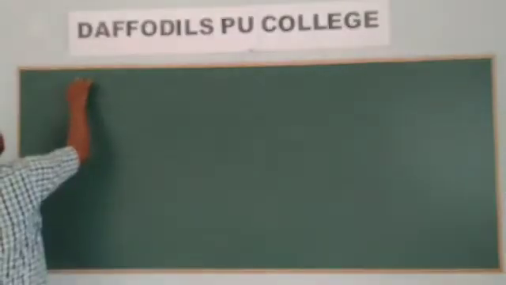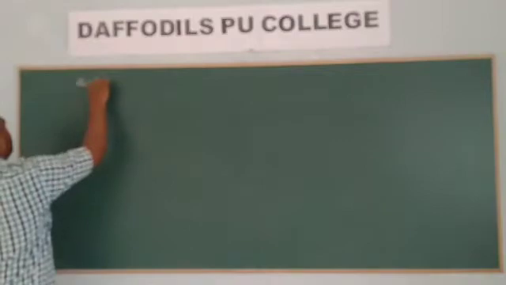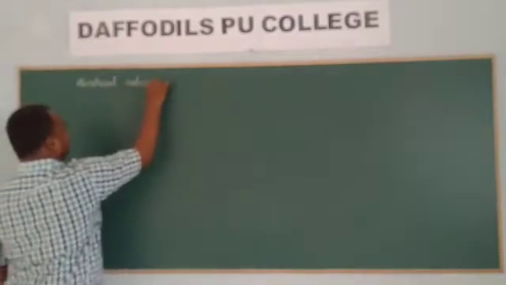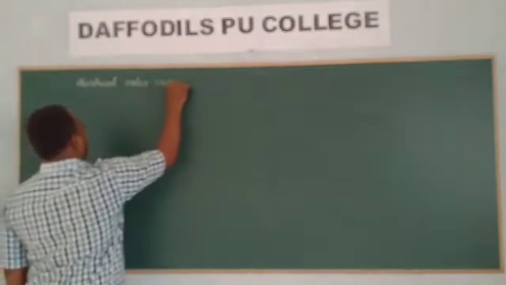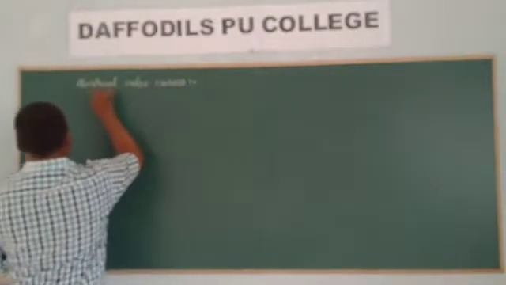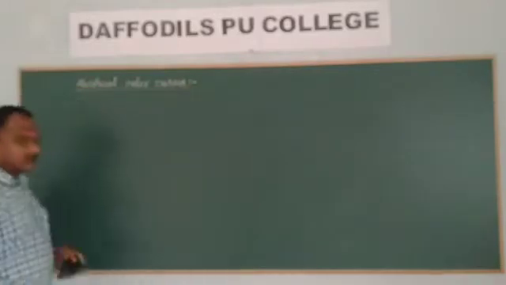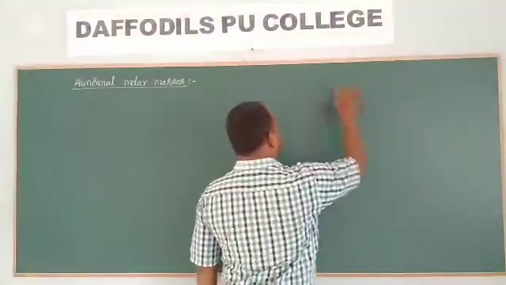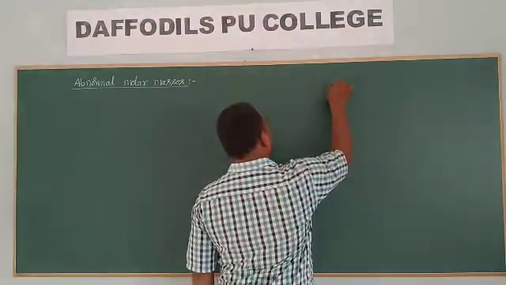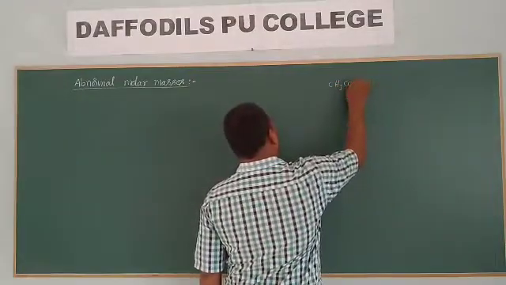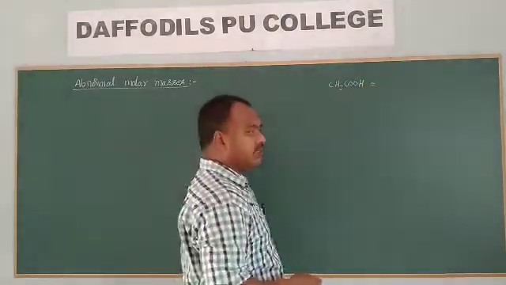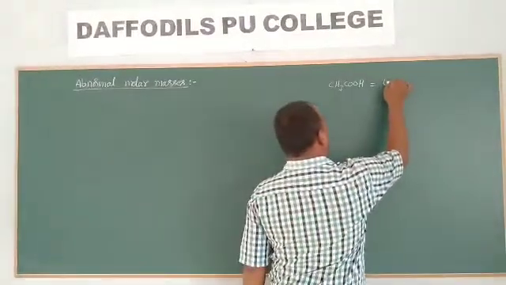Next we are discussing abnormal molar masses. So what are abnormal molar masses? Let's take the example of acetic acid. What is the calculated molecular weight of acetic acid?